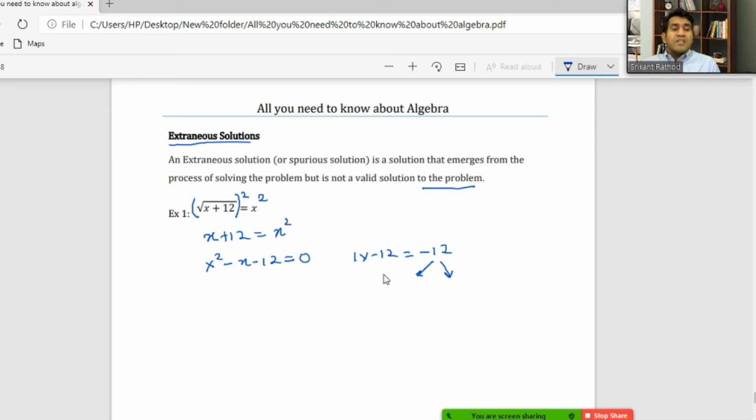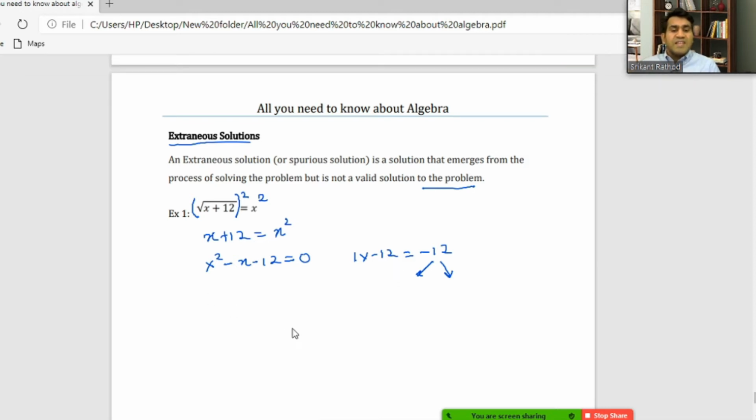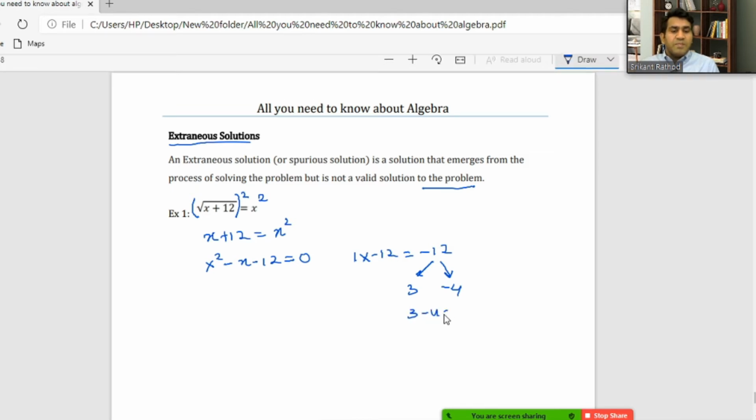So what are the two numbers whose product is negative 12 and whose sum is negative 1? Those numbers are 3 and negative 4, right? Now 3 plus negative 4 becomes negative 1, right?